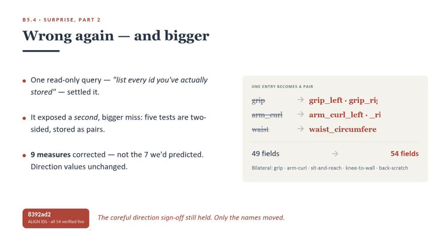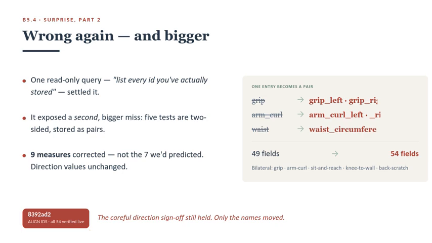And then it happened again. We couldn't just patch the four names we'd found and move on, because the names fed the scoring. So we ran the real check: one harmless query that asked the database, "list every name you have actually saved." It confirmed the four, and then showed us a bigger one we hadn't seen coming.